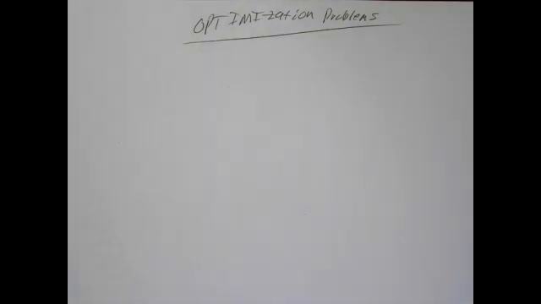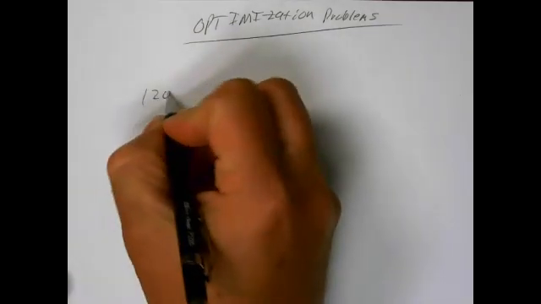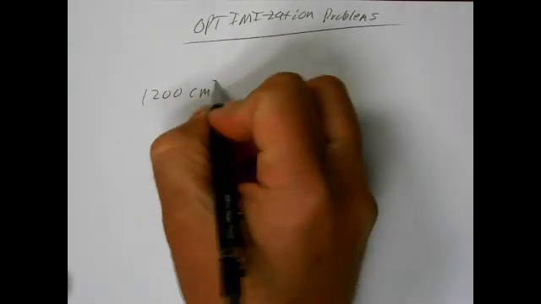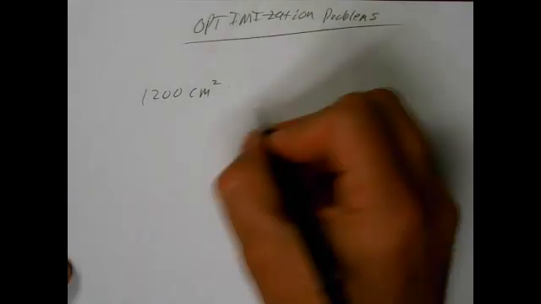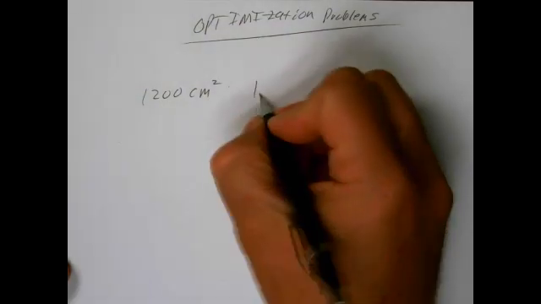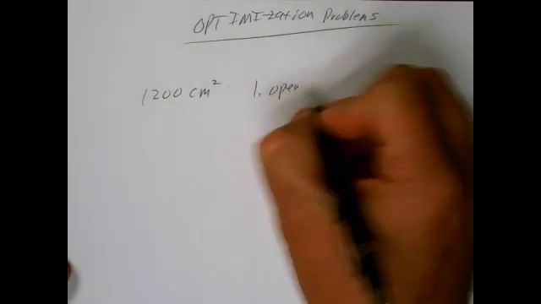First of all, the first problem is going to deal with volume and surface area. So let's say that we had 1,200 square centimeters available to build a box. This box is going to have an open top.